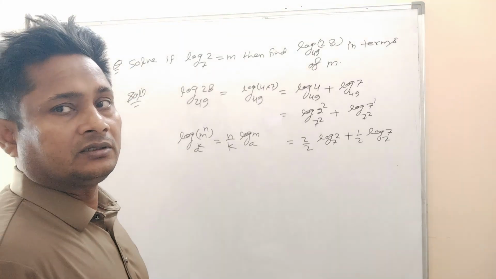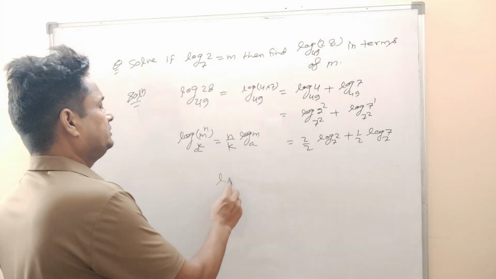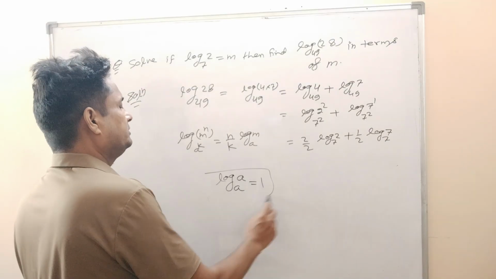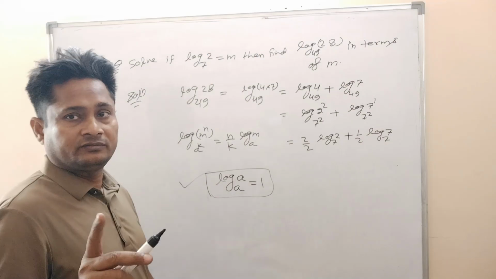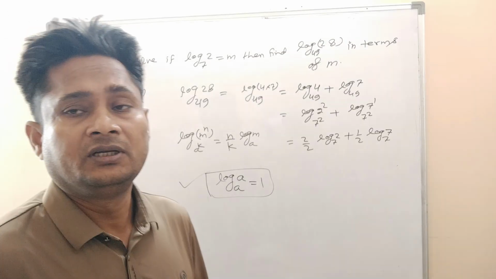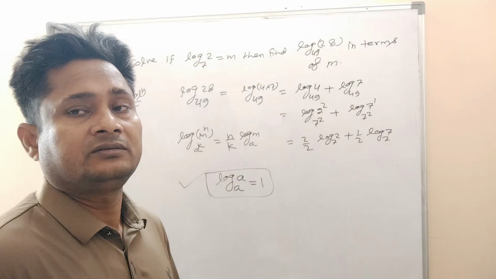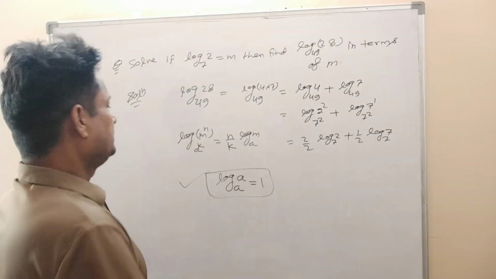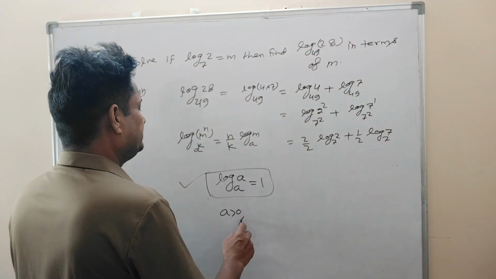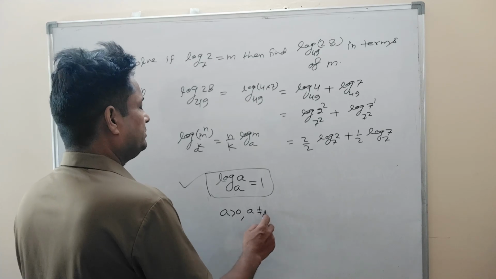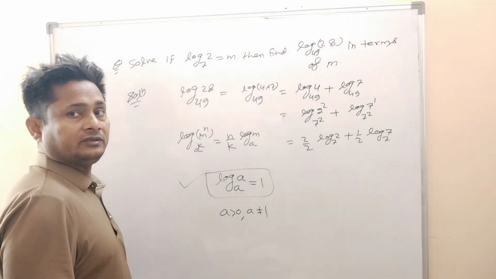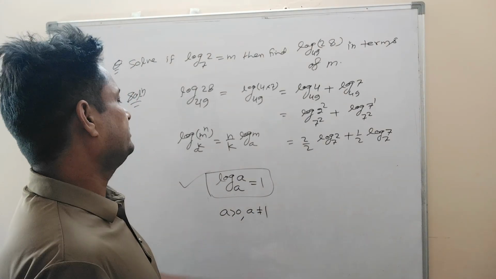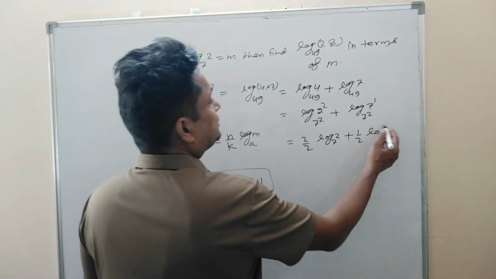And this is the property: log a base a is always 1. If the bases are the same, then its value will always be 1, where a must be greater than 0 and a does not equal 1. This is the necessary condition. So this is 1.